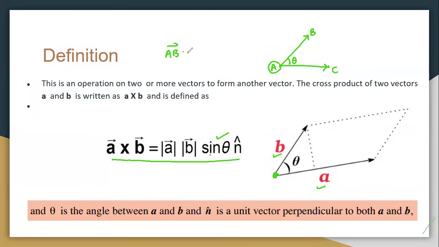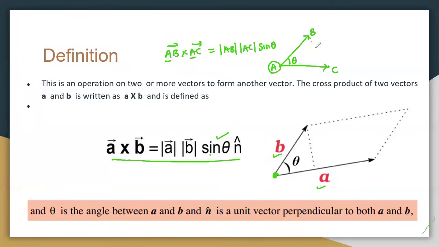So I'll say AB cross AC will equal the magnitude of AB, the magnitude of AC, then the sine of the angle between the two vectors. Now, this A and this A is what we call the common point, or the reference point.